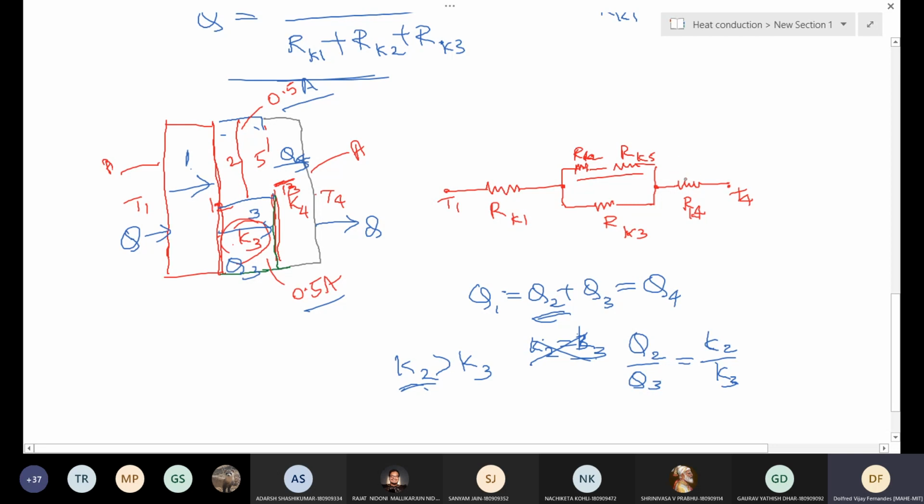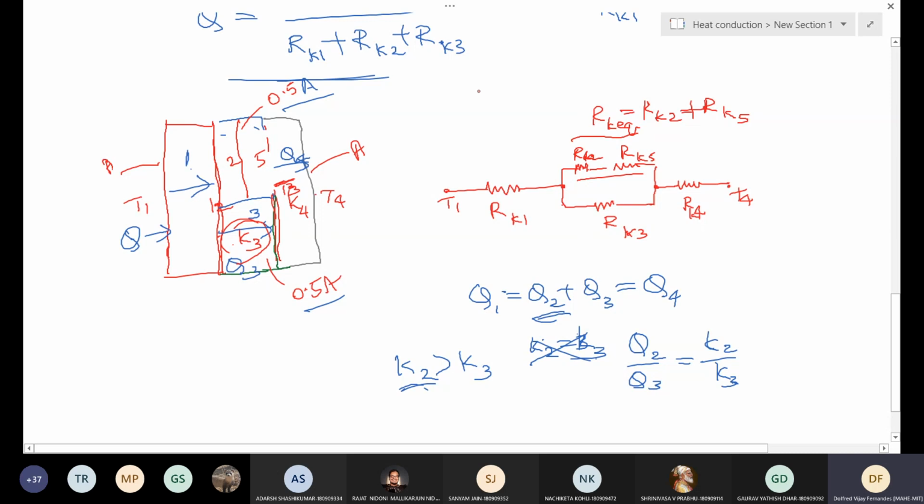You know how to obtain the resistance. When keeping resistances in series, you add them. Then you find the equivalent of this as RK equivalent, which is the sum of RK2 plus RK5. Then you find the equivalent of RK equivalent and RK3.